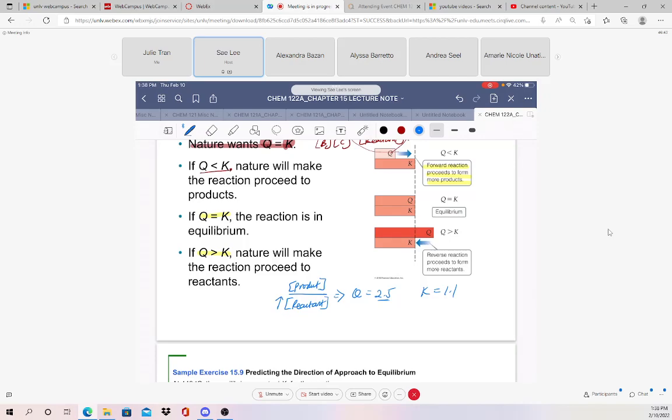You need to increase the denominator value. In that way, Q will decrease and it will be equal to K eventually. So in this case, the reaction will make more reactant in order to reach the dynamic equilibrium. The reverse reaction proceeds to form more reactant.